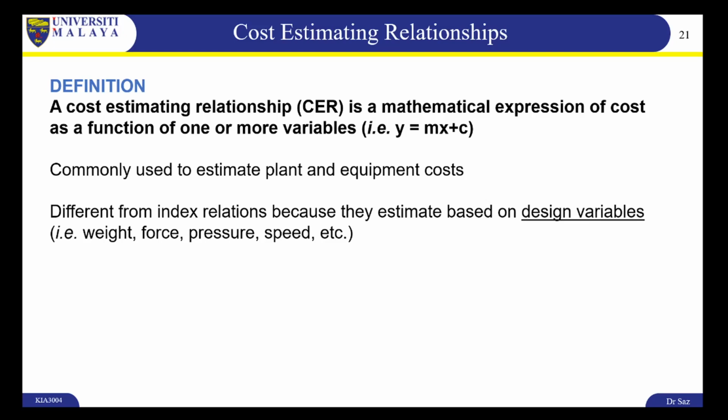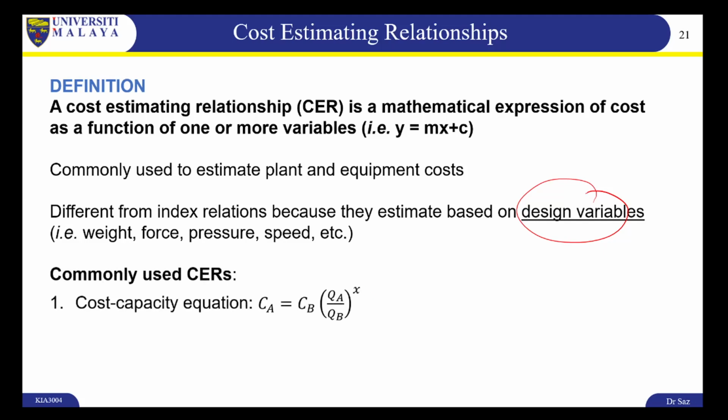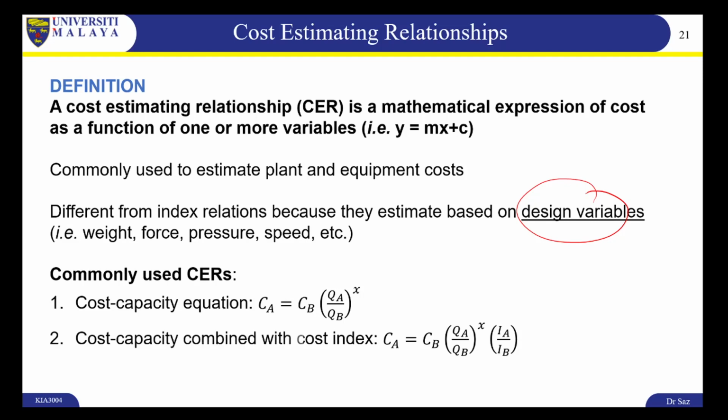They are different from index relations because they estimate based on design variables such as weight, force, pressure, and speed. There are two commonly used CERs. One is the cost capacity equation, and the other one is the cost capacity combined with cost index equation. We'll be taking a look at this one first.